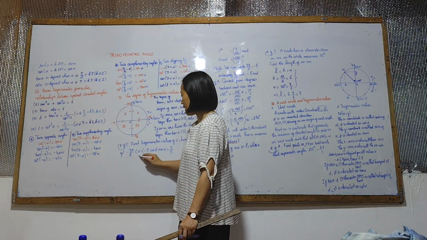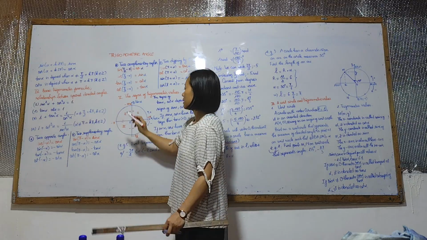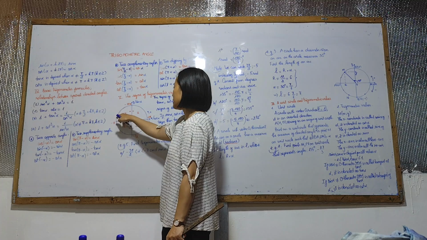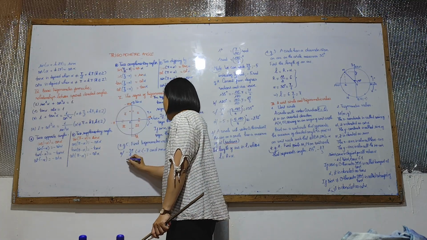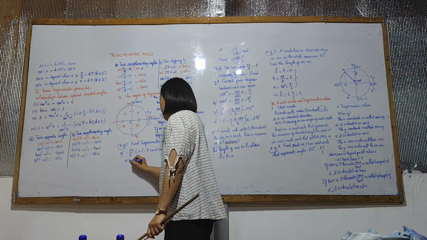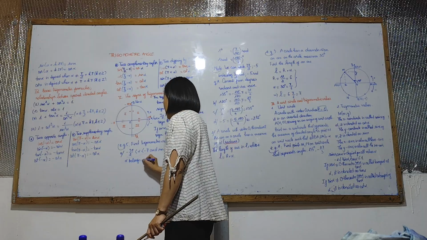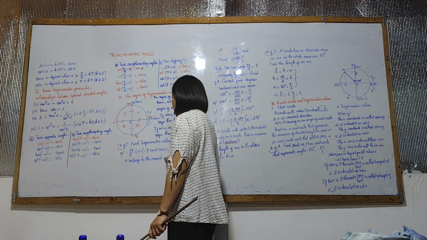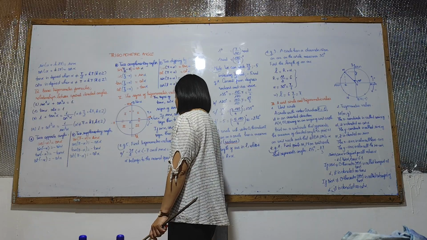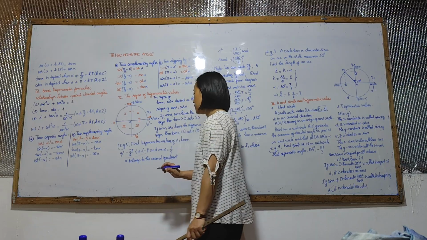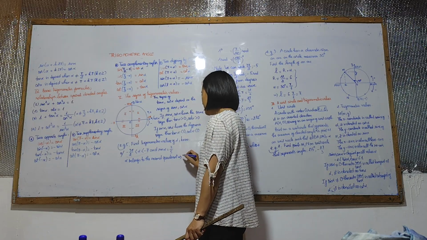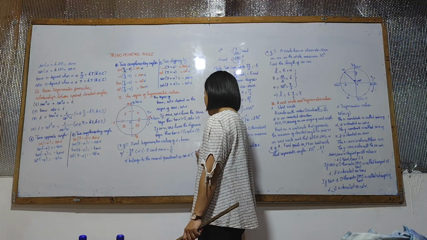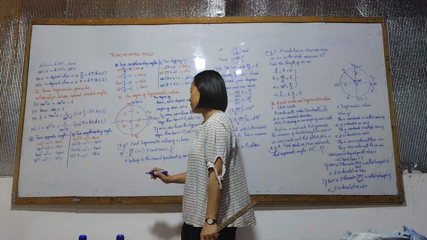We can see that alpha belongs to the second quadrant, which implies cosine alpha is less than 0.